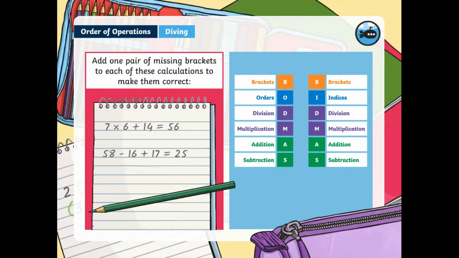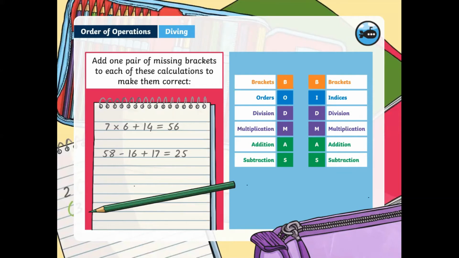Just a general example: if you have an equation with brackets, some orders, division and addition, you will start with the brackets, then you will move to the orders, and so forth. You will go down the list and complete every step or item in the list before moving on to the next one. And that is the order in which you will do your calculations.